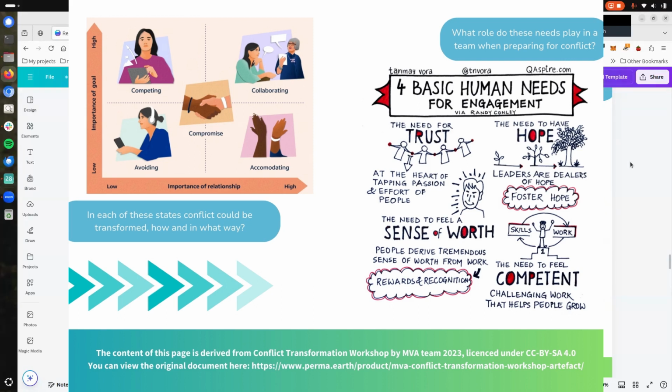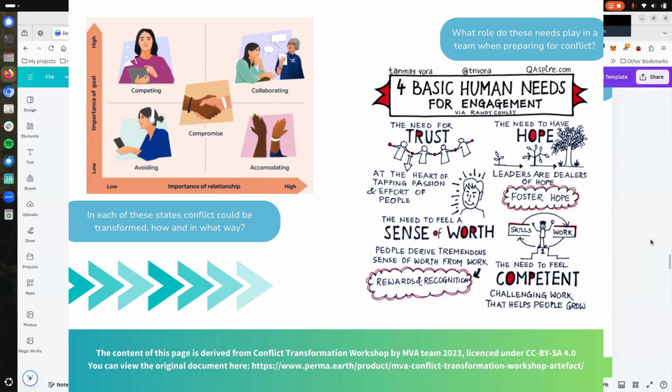So it's really important to try to be as understanding and stay curious as much as possible. And I have used this little illustration here about the four basic human needs for engagement. Especially because micro enterprises are all about engagement, that's very important. So, that's basically the need for trust. There's not enough time in the world to talk about this because really it's super, super important.